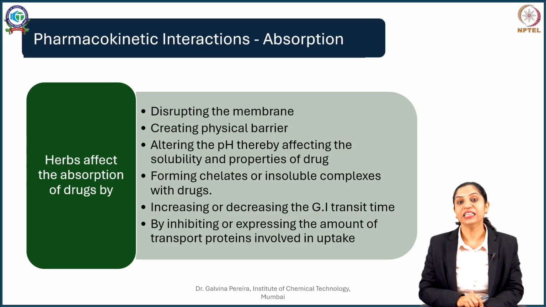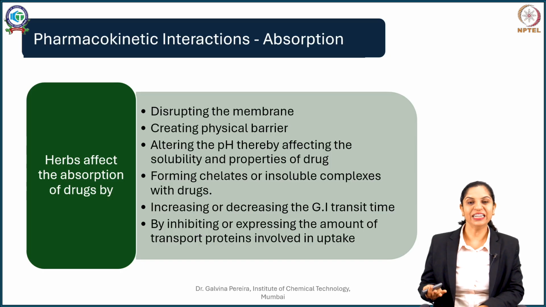Not only that, there are certain herbal candidates which are known to alter or affect the pH. There are drugs which are alkaloid rich, which are more alkali like, or drugs which are tannin or acid rich, which are more acid like. Say for example, tea is rich in polyphenolic acids, so that creates a pH a little on the acidic side.